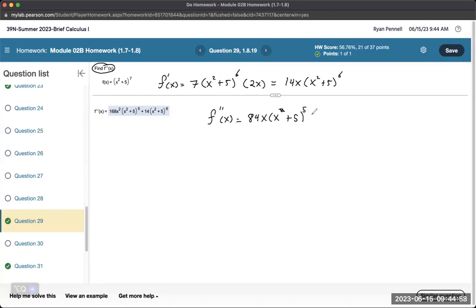Now, what's the derivative of the inside? 2x. 2 times 84 is 168, x times (x squared plus 5) to the 5th.